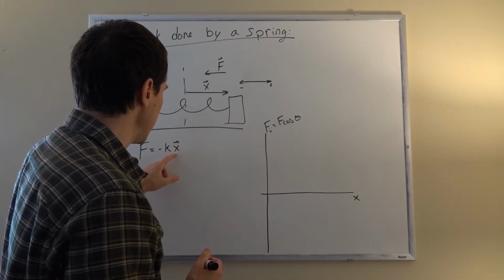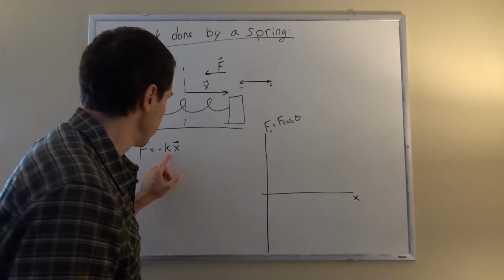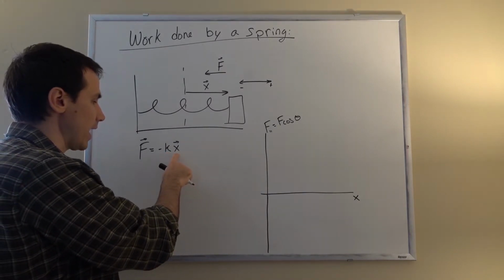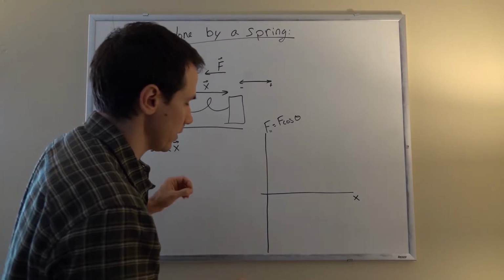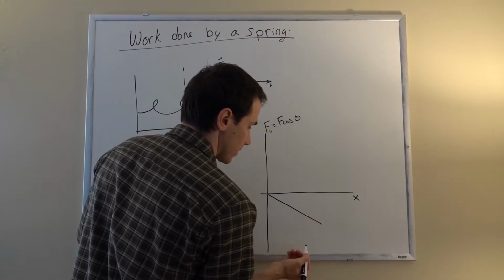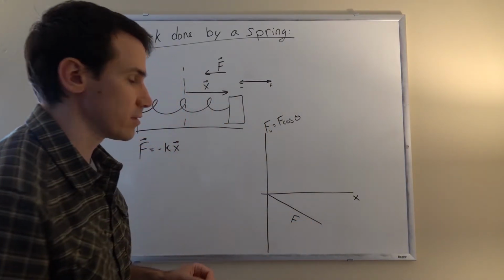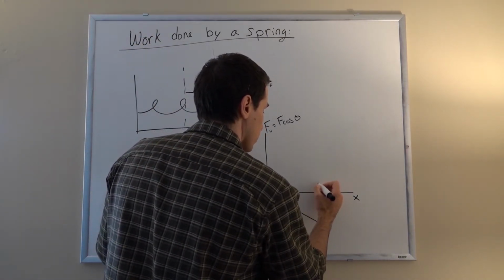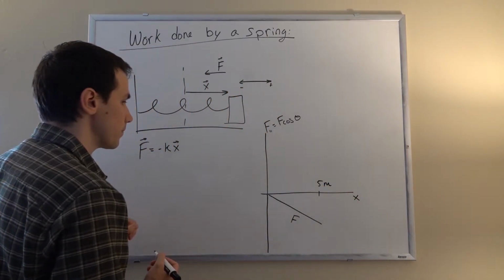And it's going to have a slope of negative k, because this is where my x component gets multiplied by my slope to find the slope of the line. So here, let's imagine that I have some k value, and that this is my force, right? And let's imagine that I exert that force over the course of 5 meters.